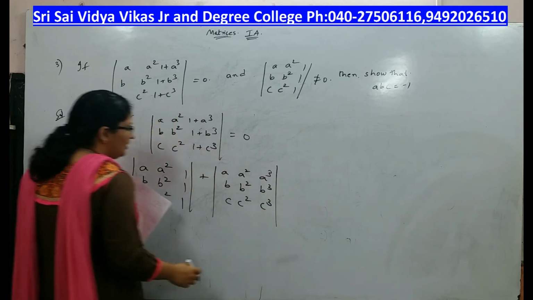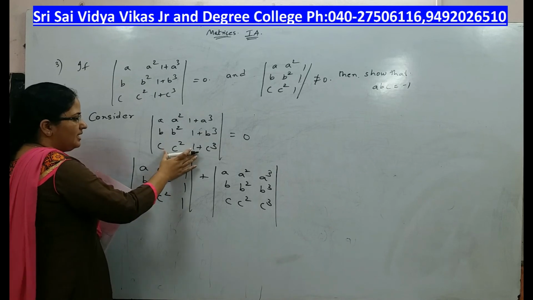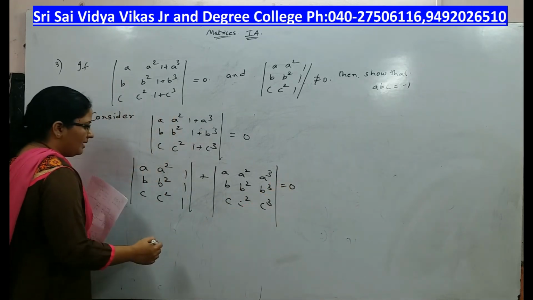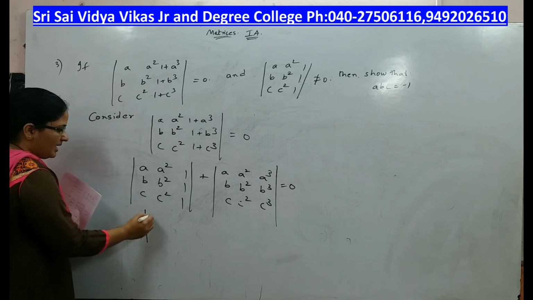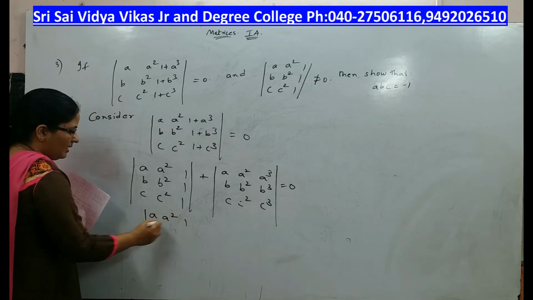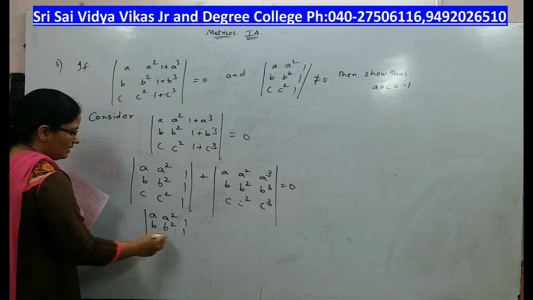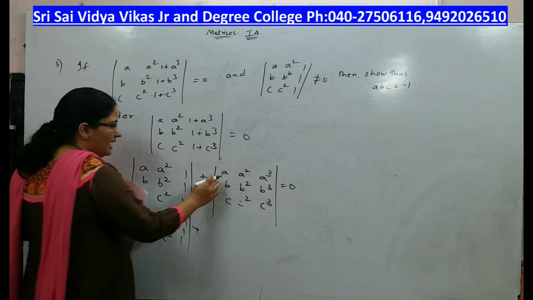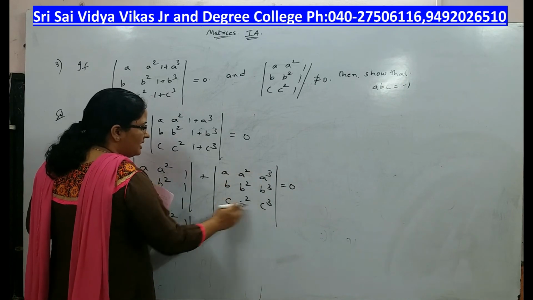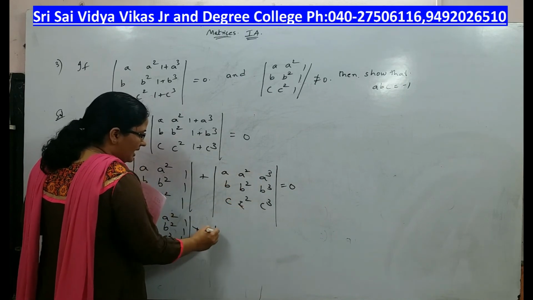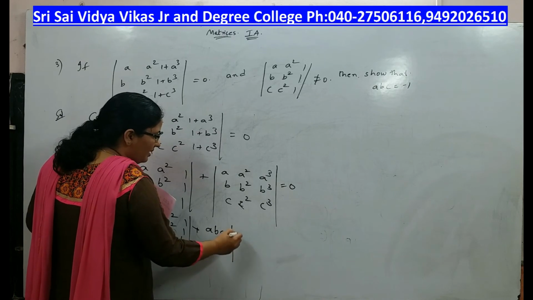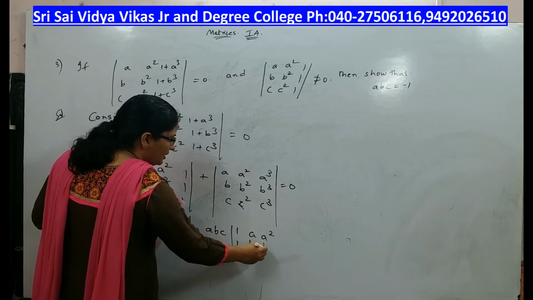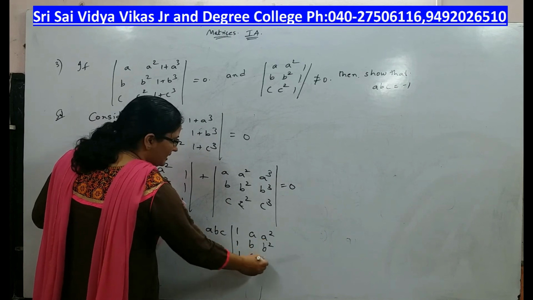We are splitting the single determinant into two different determinants and equating to 0. Now this can be written as a square 1, b square 1, c square 1 plus, taking a from first row, b from second row, c from third row, abc into 1 a square, 1 b square, 1 c square.